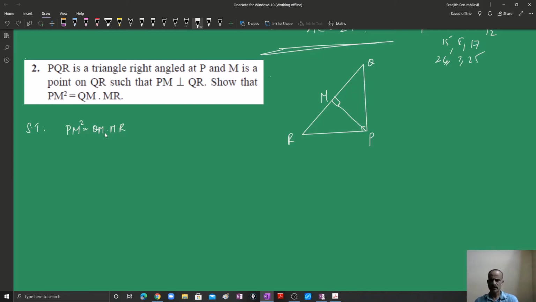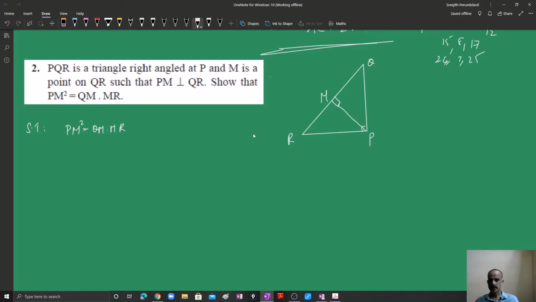I'm just asking you, how can I associate PM square with QM into MR? Is PM part of two triangles? Yes, PM is part of two triangles, not one small triangle and one large triangle, but two smaller triangles, right?